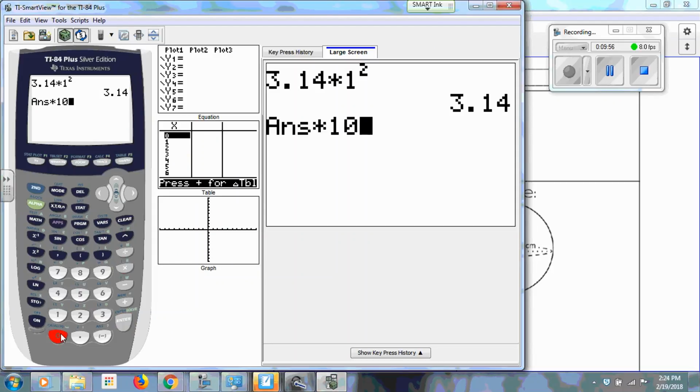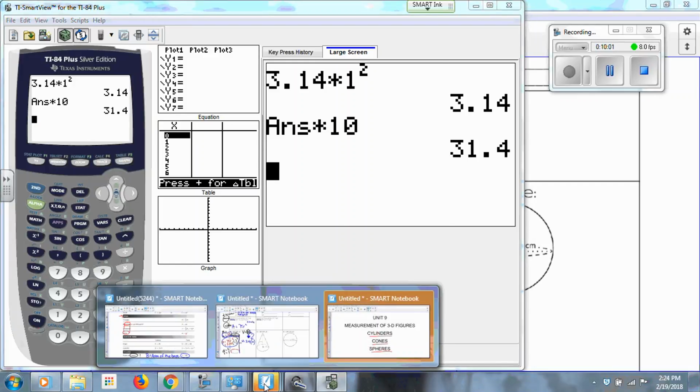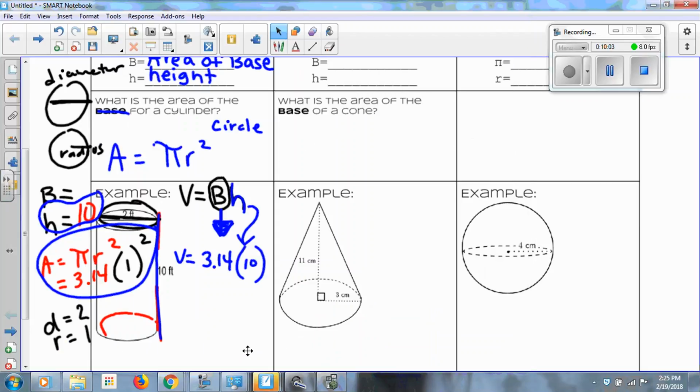Enter. I have a volume of 31.4. So my answer to this particular problem is volume equals 31.4 units cubed, because since volume is three-dimensional, I'm going to cube my units.